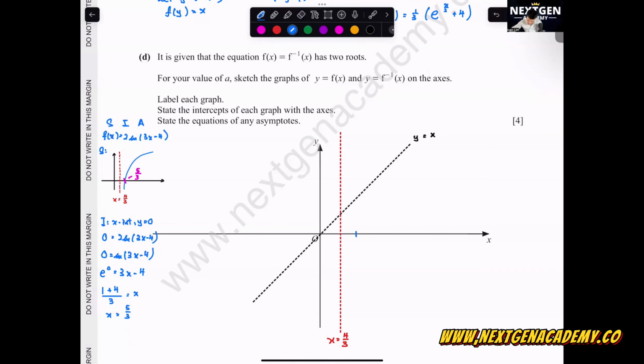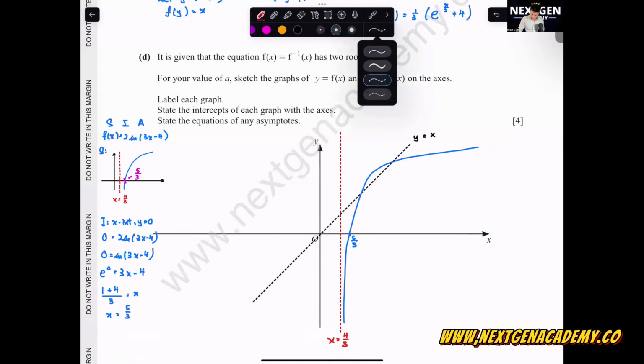So we draw the graph first, how the graph looks like, something like this. This one is at 5 over 3. Then the asymptote of the other one, you will intersect at the y equals x line, so you'll draw this out.